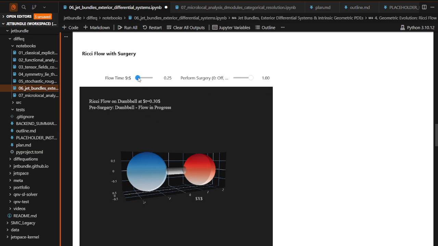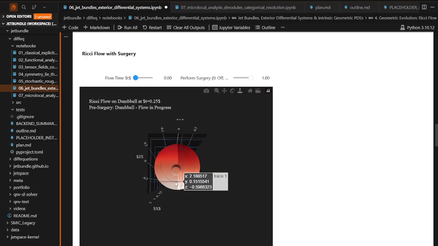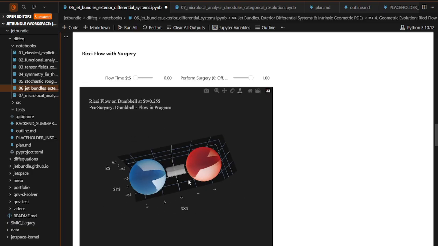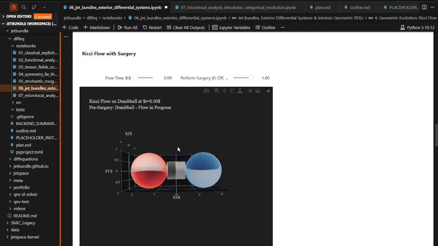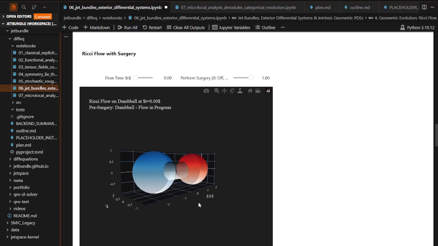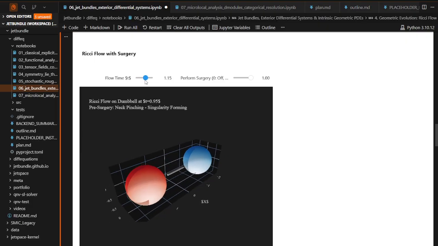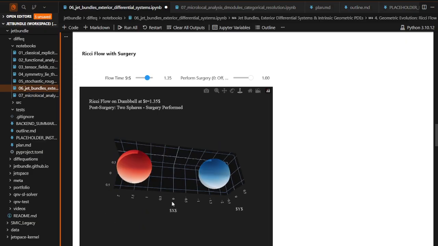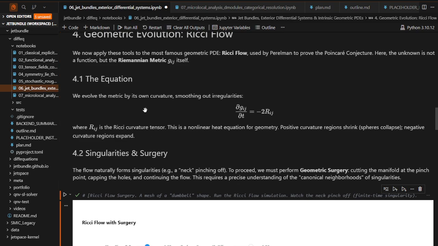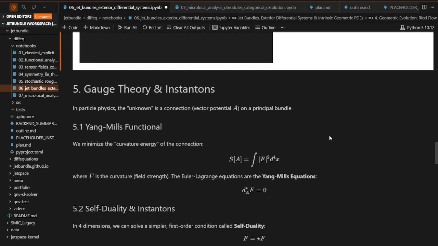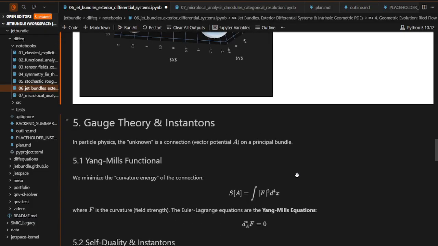The dumbbell starts off with a nice connected metric space between two balls, two spheres, and as we let them grow and grow, it pinches in a finite amount of time, and the surgery is performed by the singularity within this. Thank you, Perelman, for proving the Poincaré conjecture, because that allows us to define the dynamics of the metric.